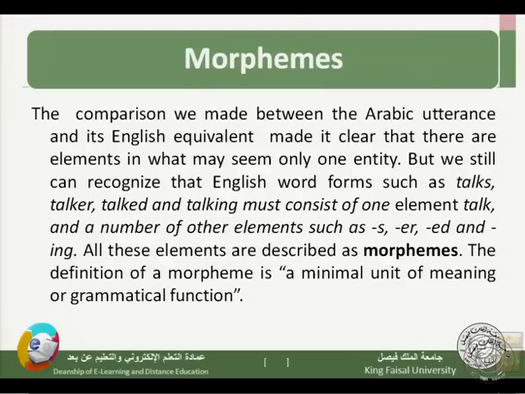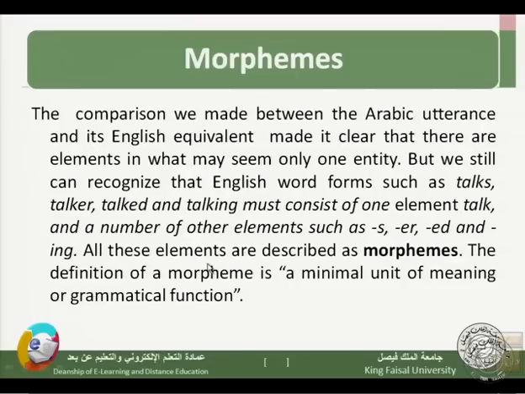We can also recognize that English word forms such as talks, talker, talked, and talking must consist of one element, that is talk, and a number of other elements such as the S, the ER of talker, the ED of talked, and the ING of talking.